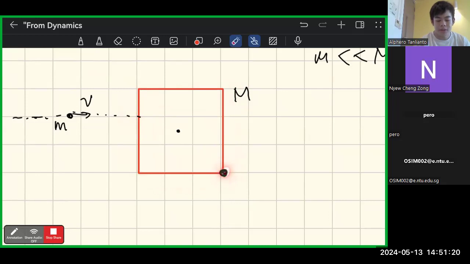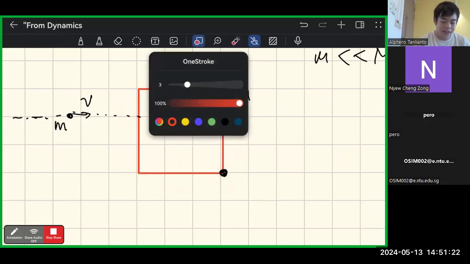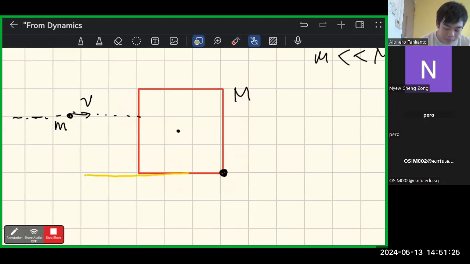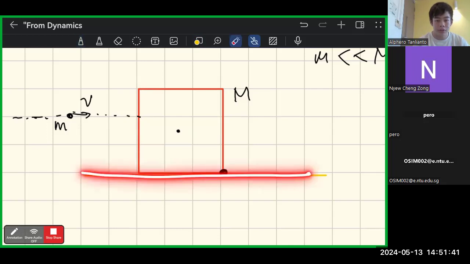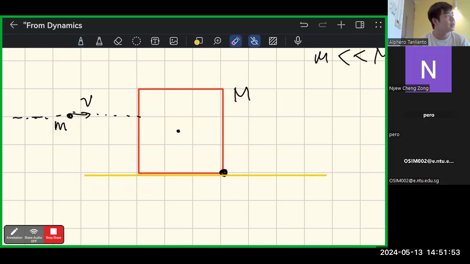Why? Because I'm not sure, but I think in the actual problem, this is a ground, but the friction on the ground is infinite. If the ground has infinite friction, it means the block cannot slide.